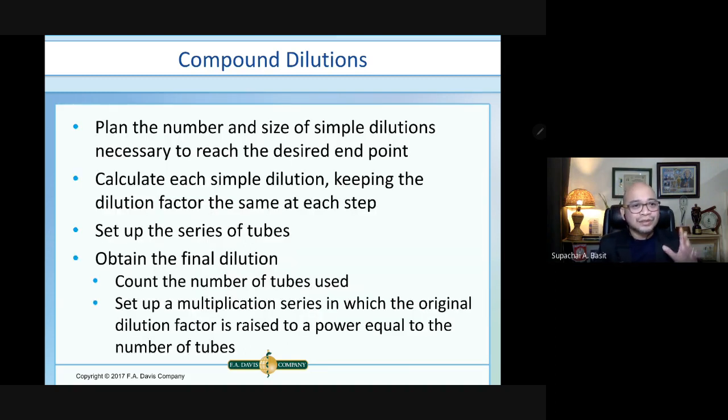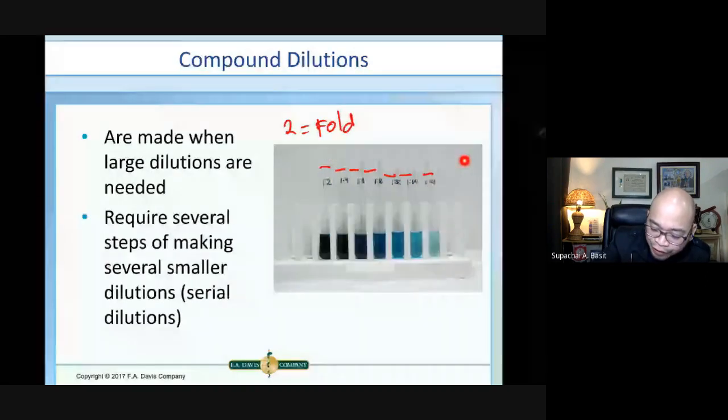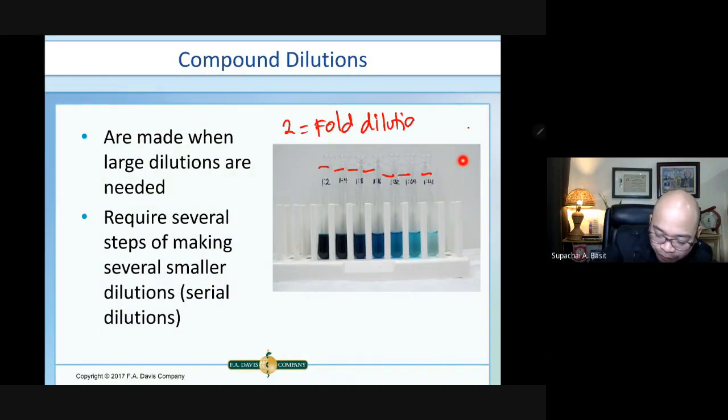For serial dilutions, first, you have to plan the number and size of simple dilutions necessary to reach the end point. So we calculate the simple dilutions, keeping the dilution factor the same at each step. What do we mean by the dilution factor? The one that you see here is an example of a two-fold dilution.